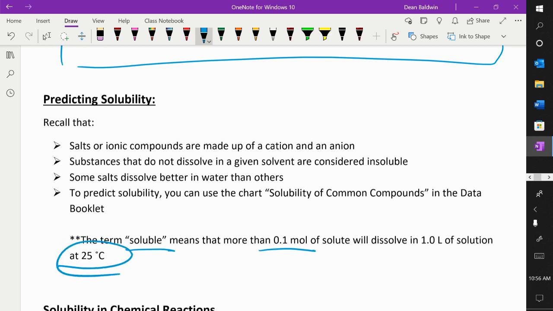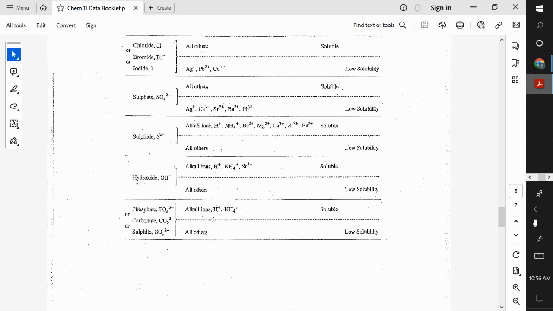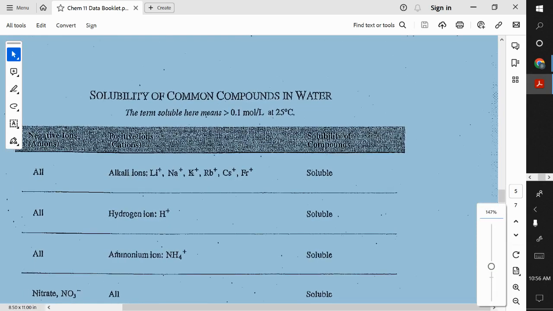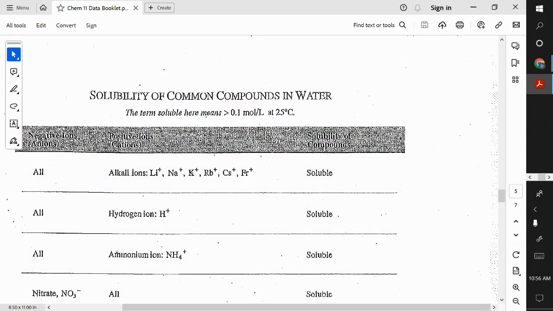You have to give the temperature. Soluble is defined to be greater than 0.1 moles per liter at 25 degrees. If you increase the temperature, the definition of soluble would go up. All right, you can dissolve more.